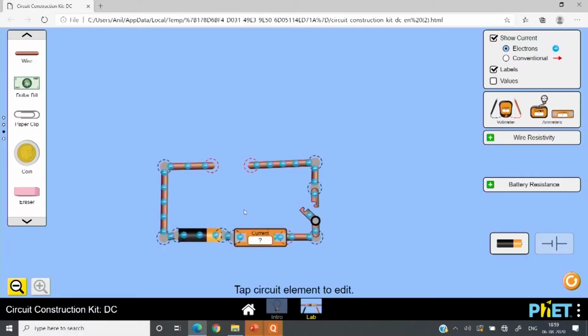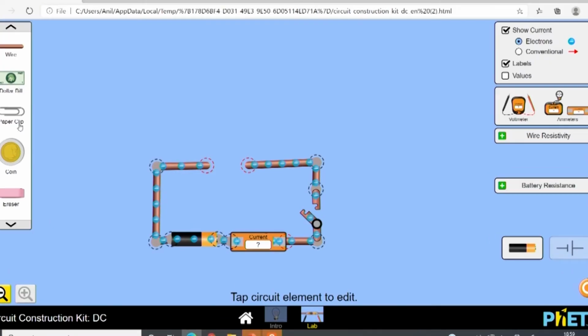Children, here this is an experiment to verify whether the electric current flows in the same quantities in different materials. As you can see, this circuit is open and on the left side you are seeing various types of materials. Now I am taking a coin and inserting it in the circuit, and now if I close the switch, what will happen, children?